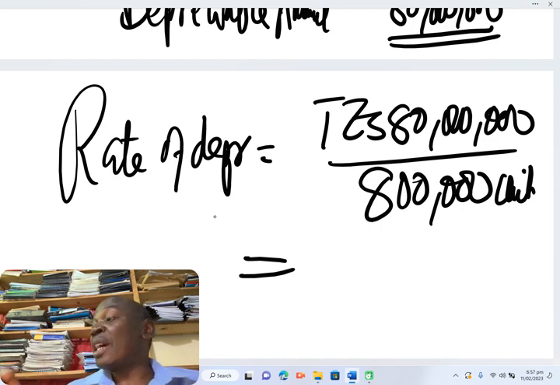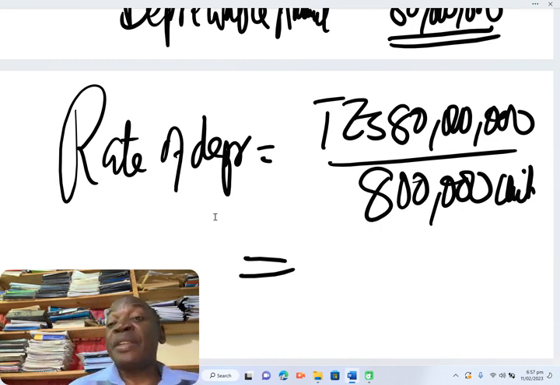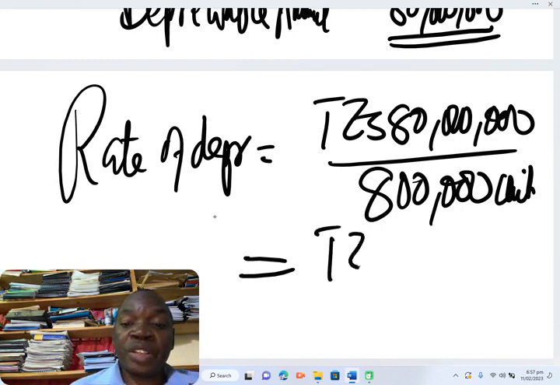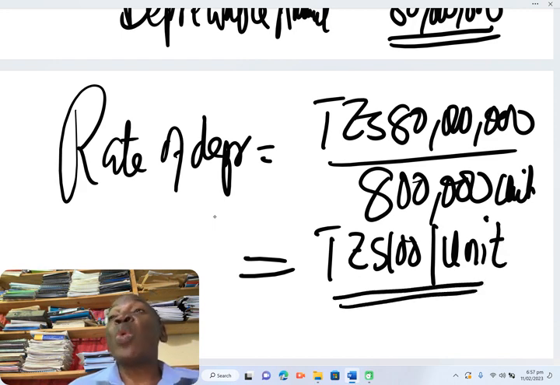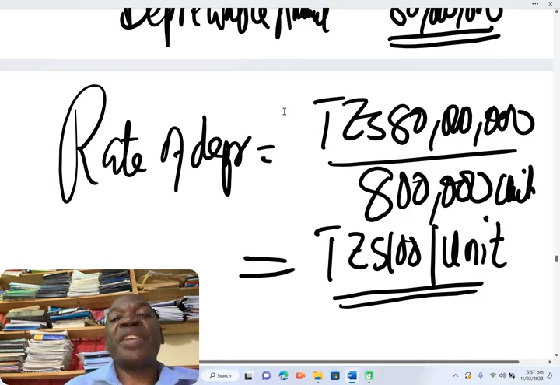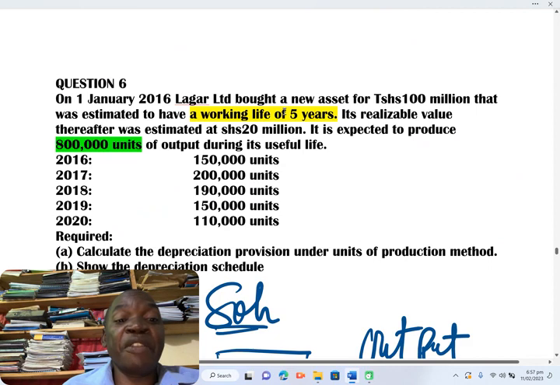Now take the calculator and divide it. I want the answer. It is 100 per unit. So if a machine produces 1 unit, the depreciation is 100 shillings. Am I clear? Now during the 5 years, what happened?